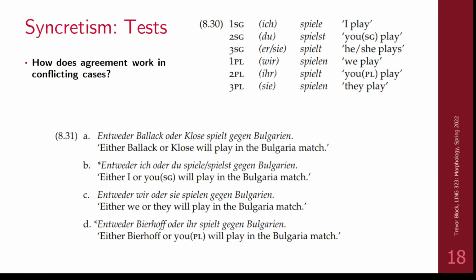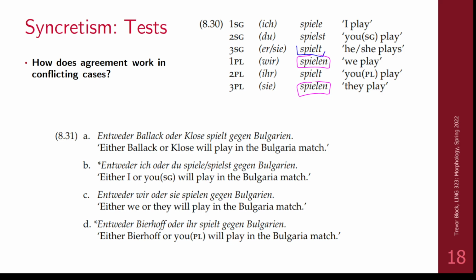So I want to show this in German, just so we can get an idea of how this works in a different language. So here is the German system for pronouns with singulars and plurals. What you'll notice is that the first plural and the third plural look the same.